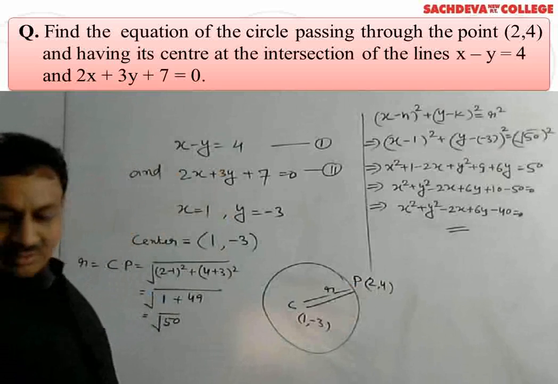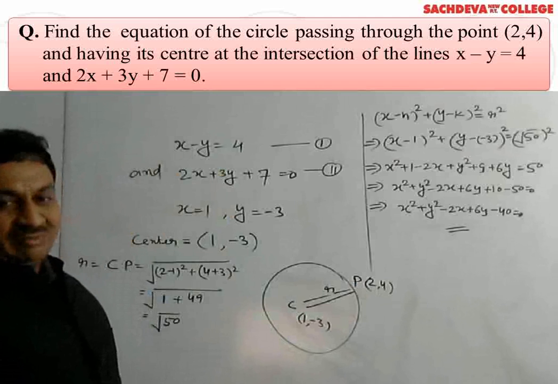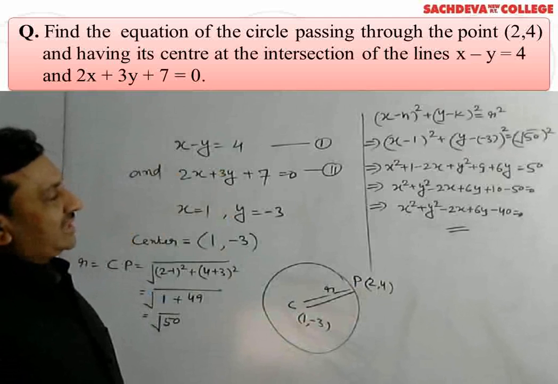So x square plus y square minus 2x plus 6y minus 40 is equal to 0 is the required equation of the circle.